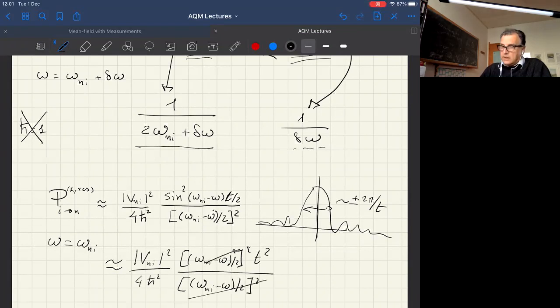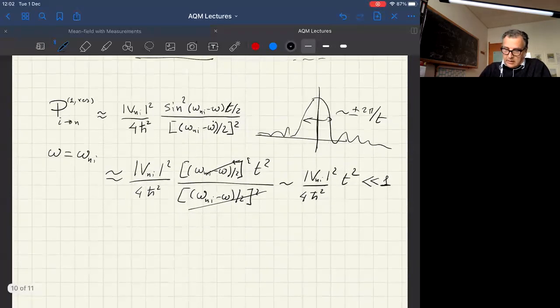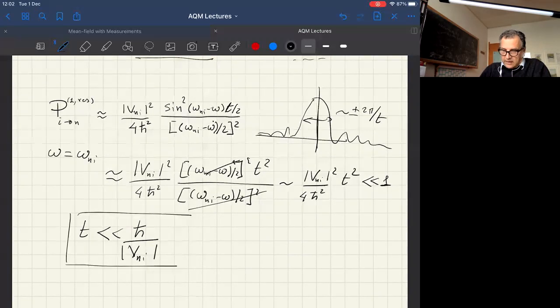Okay, so you see that this scales like V_NI squared over 4 h bar squared times t squared. In order for perturbation theory to be valid, this should be much smaller than 1. So this means that the time should be much smaller than h bar over V_NI in modulus. Okay, so this fixes a limit on the time.